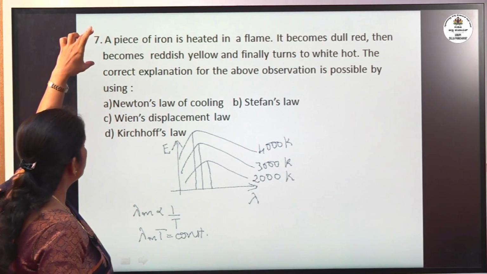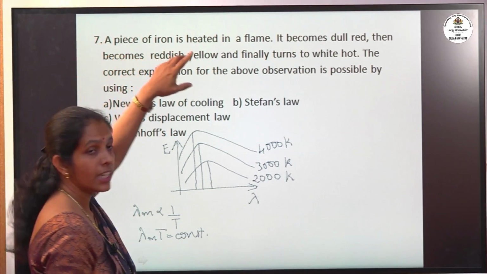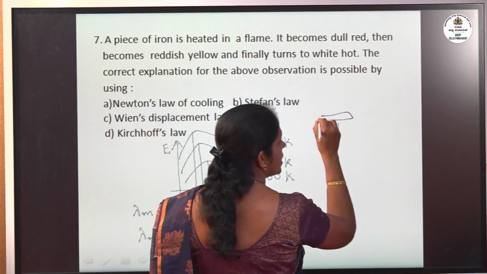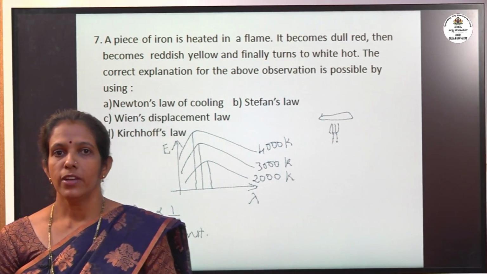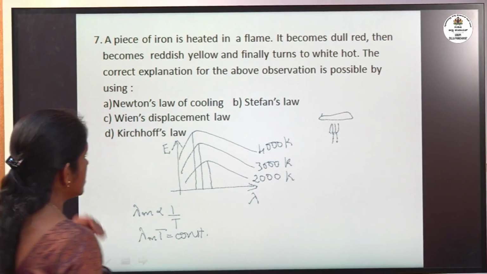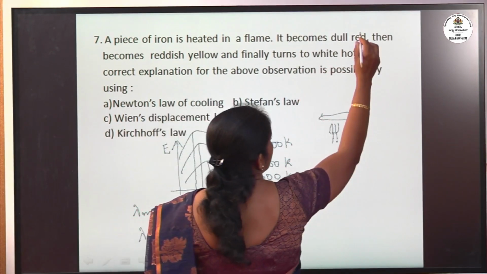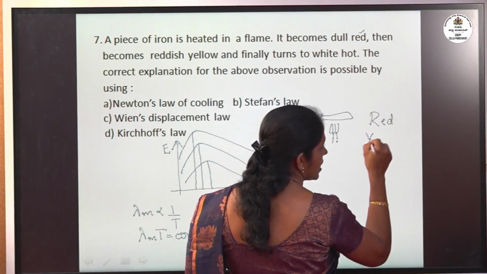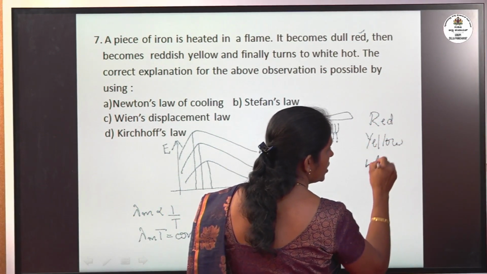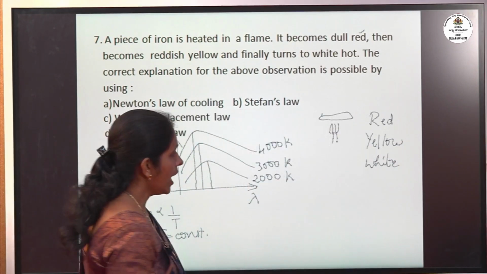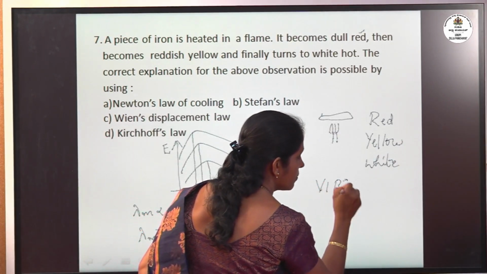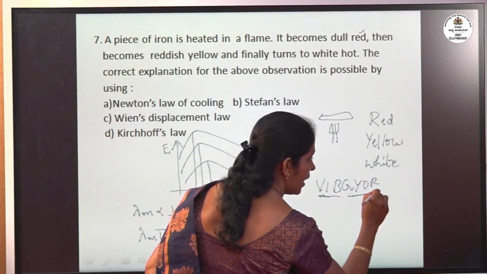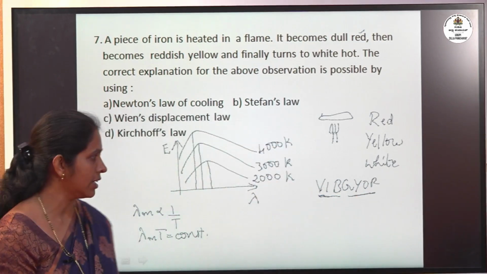In the given problem, a piece of iron is heated in a flame. When we supply heat energy to a system, temperature increases. It becomes dull red, then reddish yellow, and then white hot. So we have the wavelengths for these colors. Violet, indigo, blue are the low wavelength region, and yellow, orange, red are the high wavelength colors.